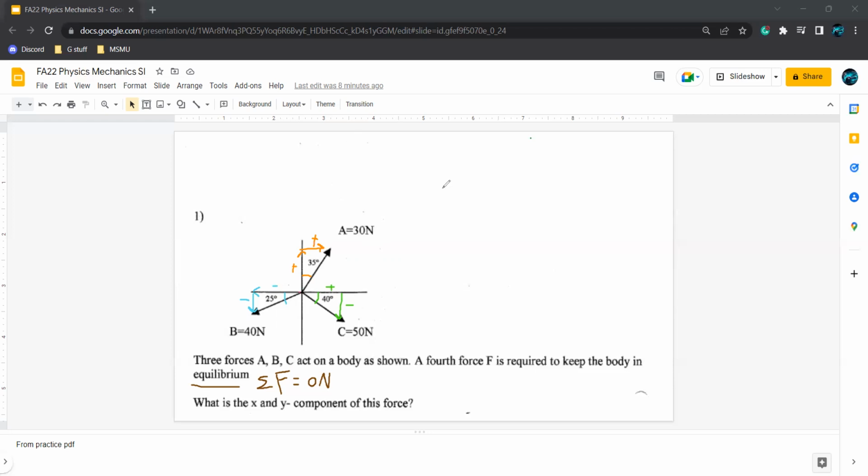And then from there, you can start figuring out through your vectors. Let me start doing it over here.